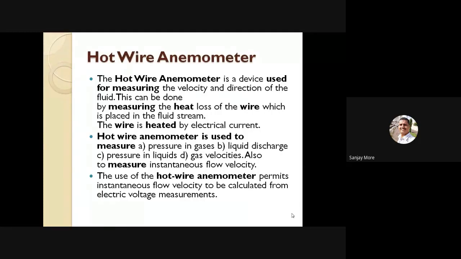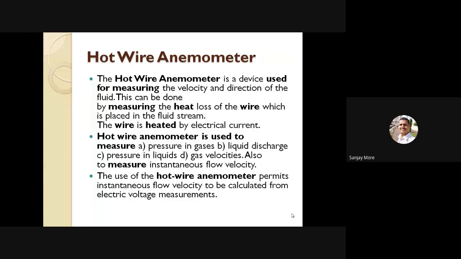Okay. So next point is hot wire anemometer. This hot wire anemometer is used to measure the velocity and direction of a fluid. It is a device used to measure the velocity and direction of the flow of fluid.